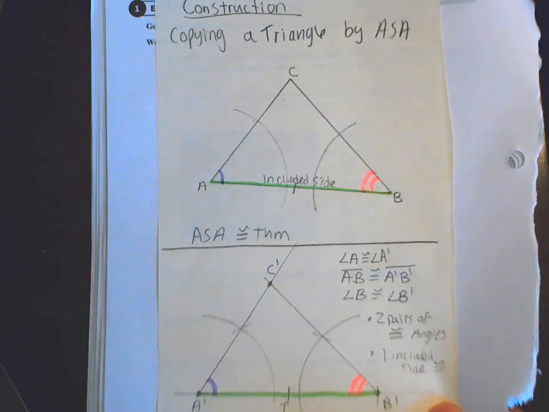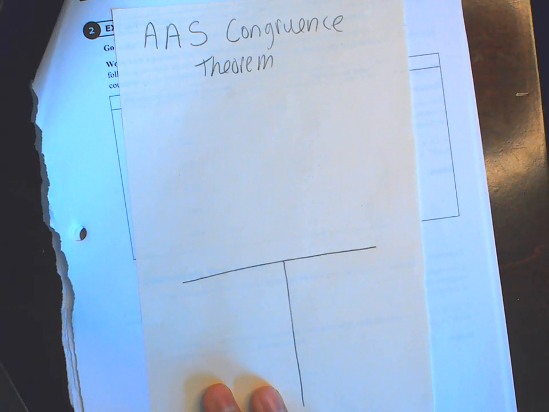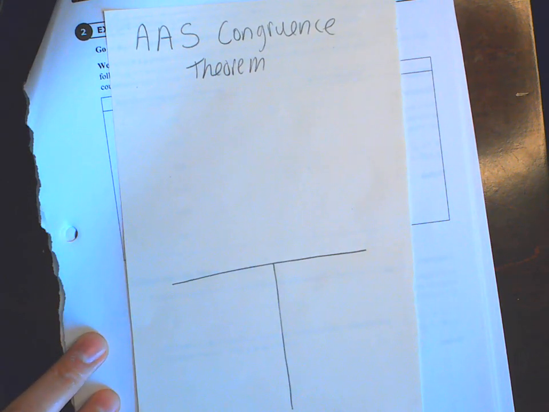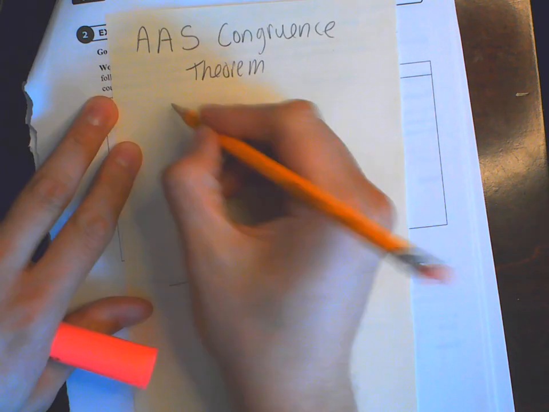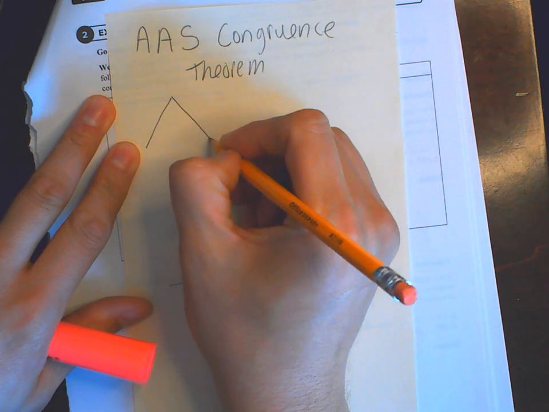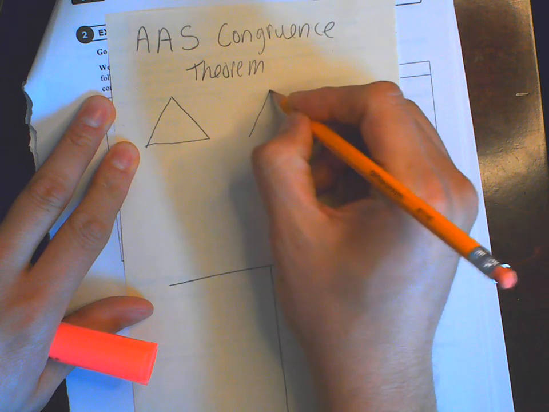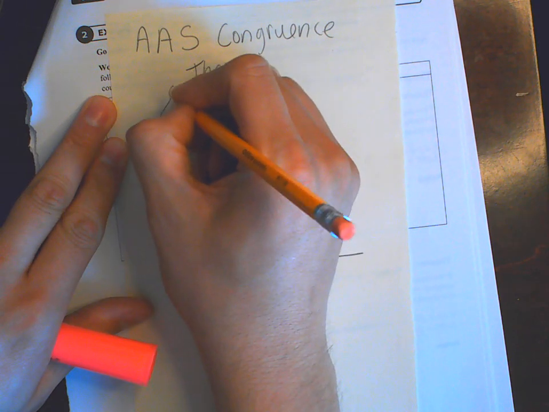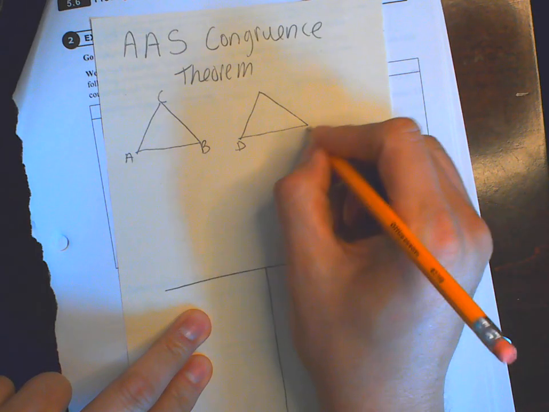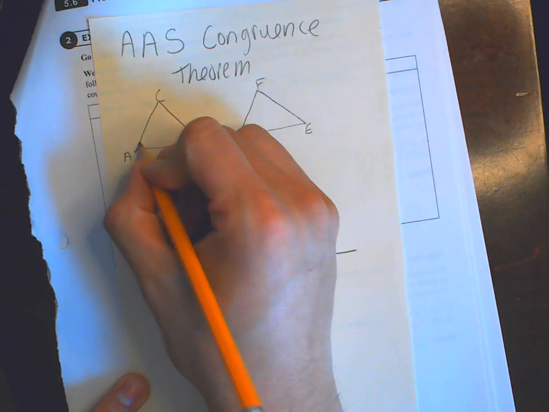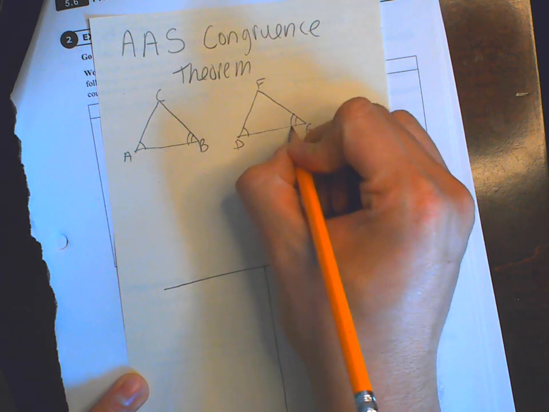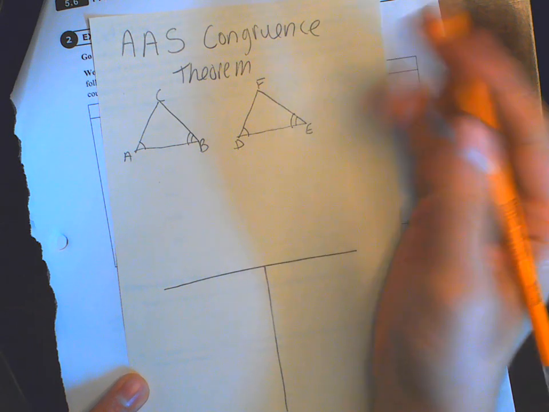So let's look at the next page now, and let's talk about the angle, angle, side congruence theorem. In the angle, angle, side congruence theorem, what you have is two triangles, call them A, B, C, D, E, and F. If you have two pairs of angles that are congruent, for example, here's one pair, here's two pairs, and then you have what you call a non-included side.